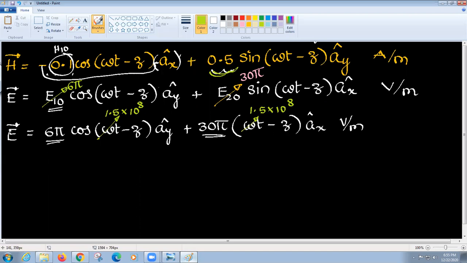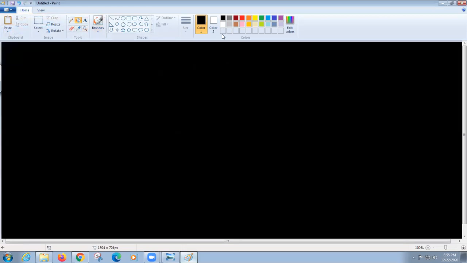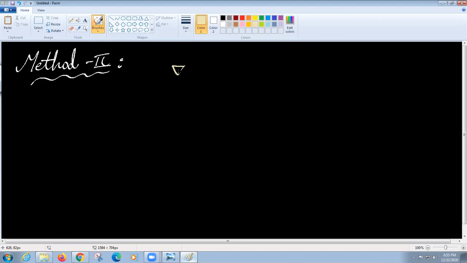Okay. Now you have method 2 for how to find E. I'm just going for method 2. I know you can directly apply your Maxwell's equations. So let me take down my Maxwell equations. I know the modified Ampere's law: curl of H is equal to conduction current density plus displacement current density.